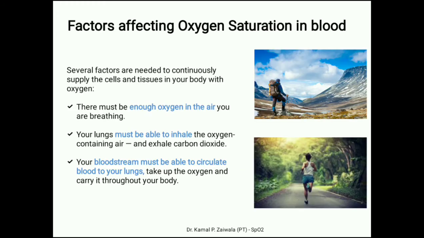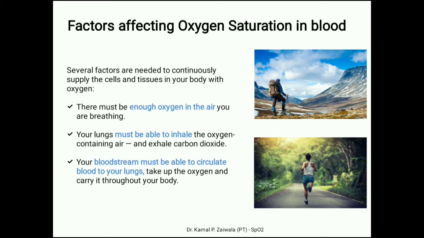Now let us understand the factors that affect the oxygen saturation in the blood. There are several factors. One is that there must be enough oxygen in the air that you are breathing. Second is that you must be able to inhale oxygen and exhale carbon dioxide from the lungs.